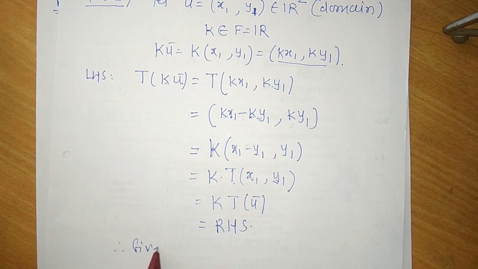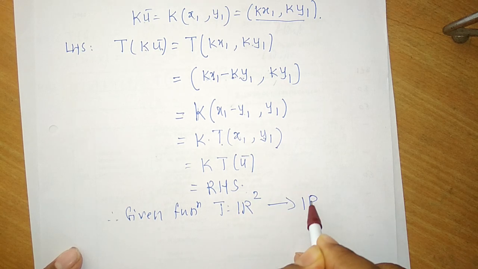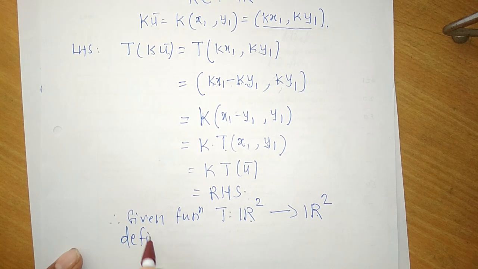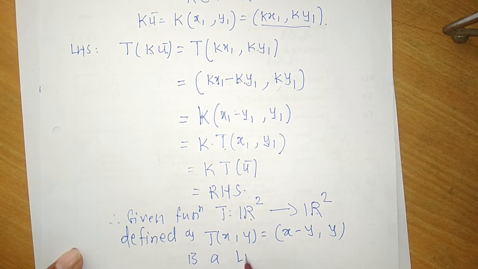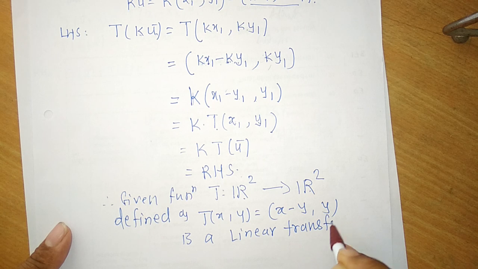Therefore the given function T from R2 to R2, that is one vector space to another vector space, defined as T of (x, y) equal to (x minus y, y), is a linear transformation.